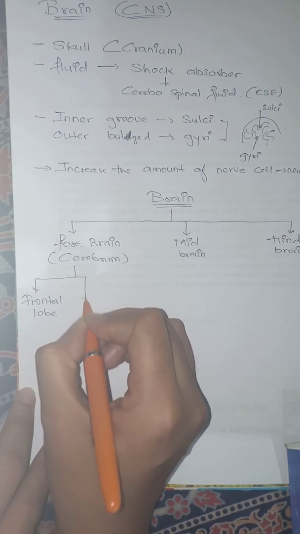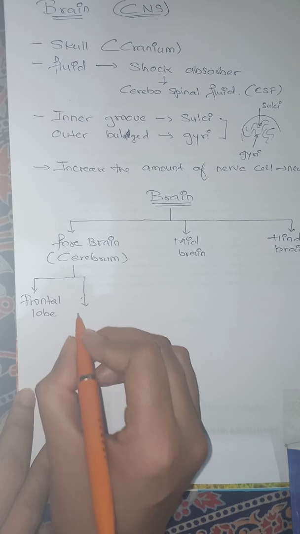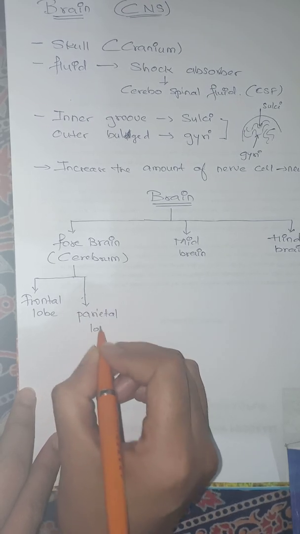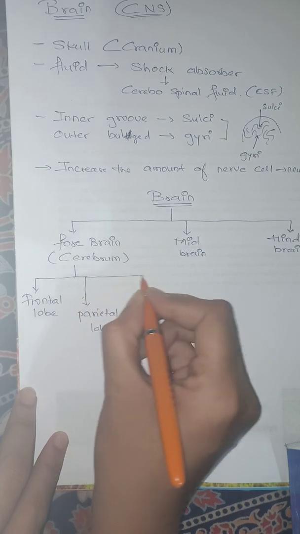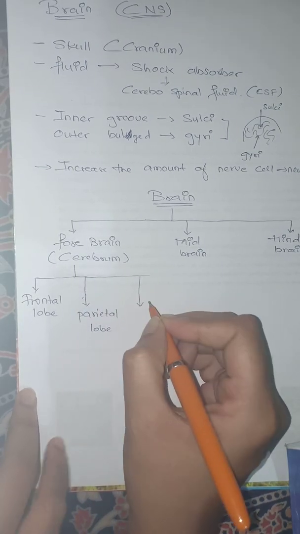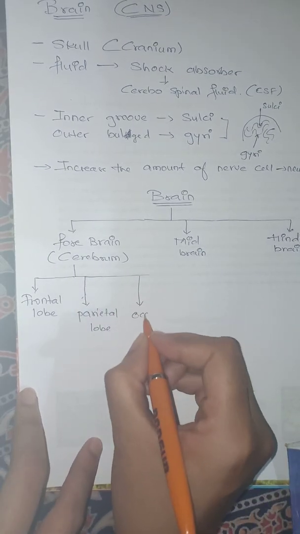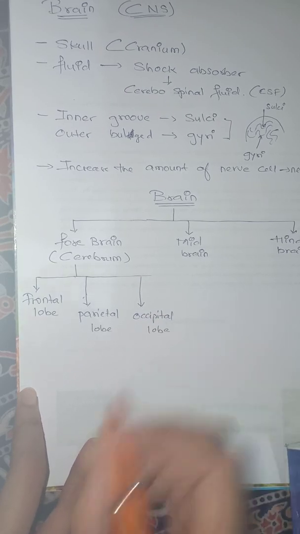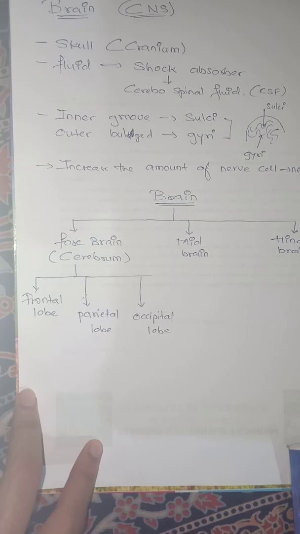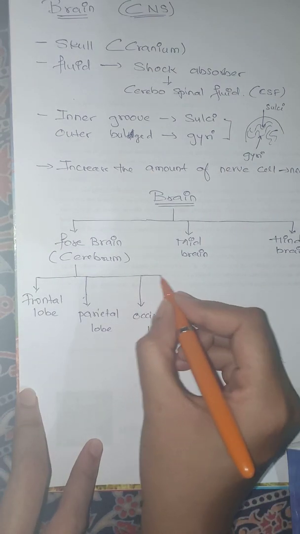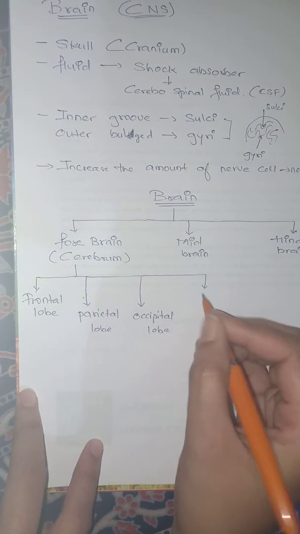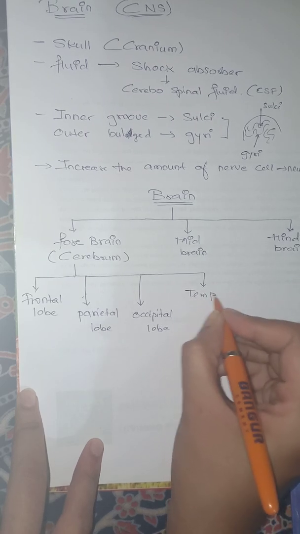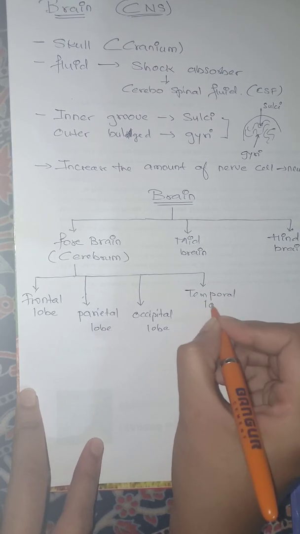Then you have another one called the parietal lobe. Then another lobe is called the occipital lobe. And the temporal lobe is the last part of your forebrain.